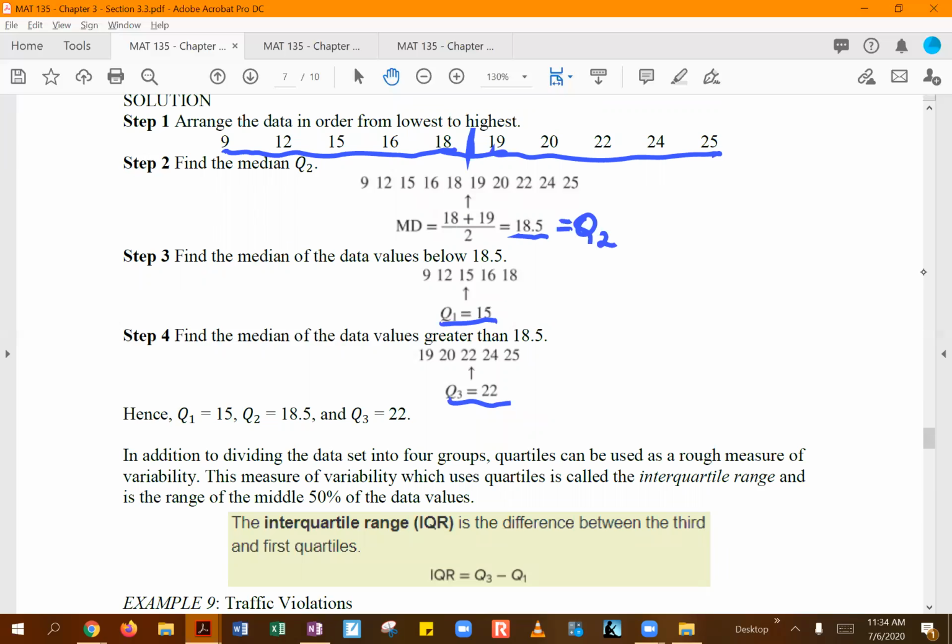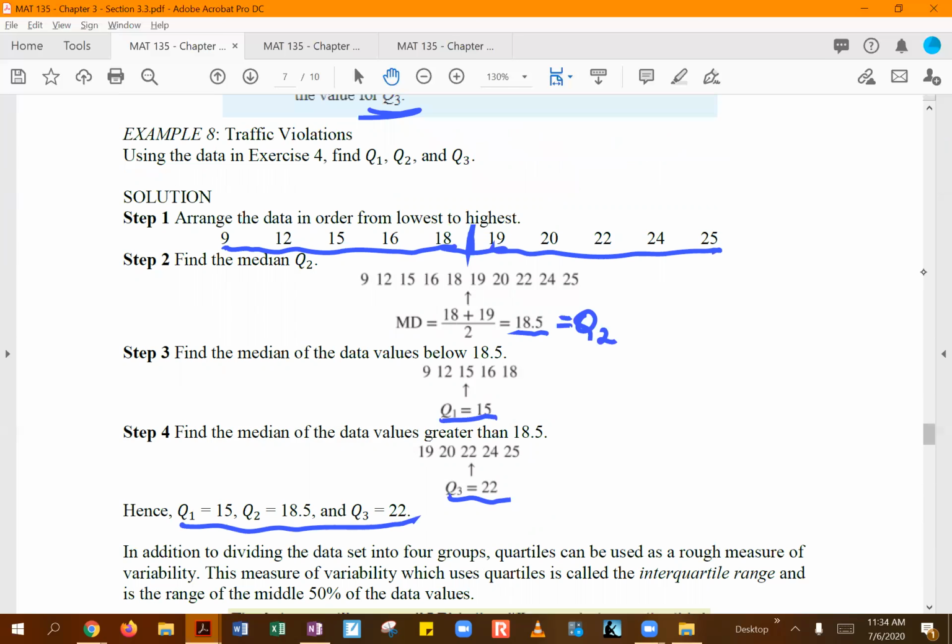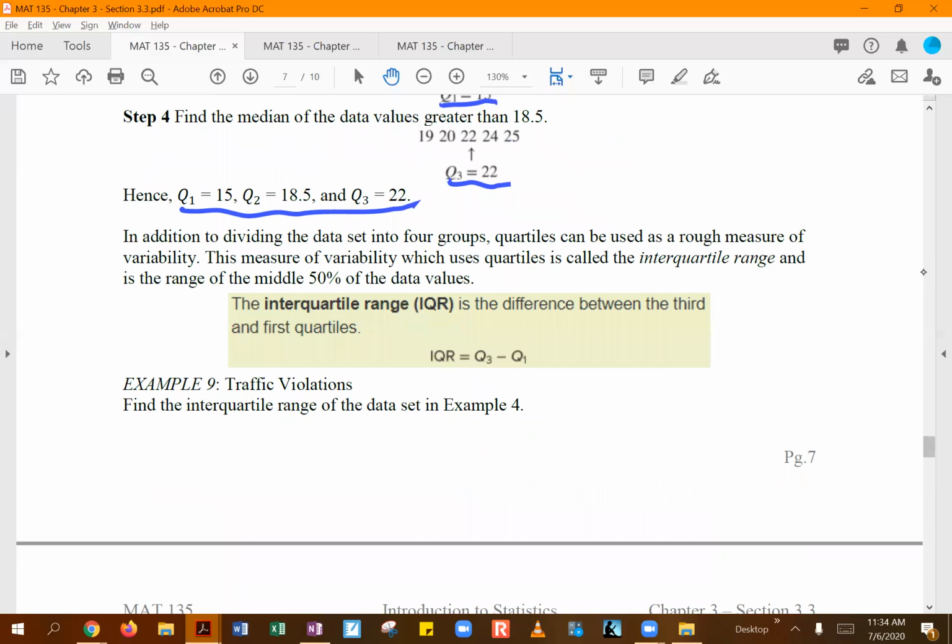Then you can see we end up getting those 3 quartile values. So just finding the median of our data sets obviously works a lot faster than going through the formulas. That's the example for finding our quartiles.